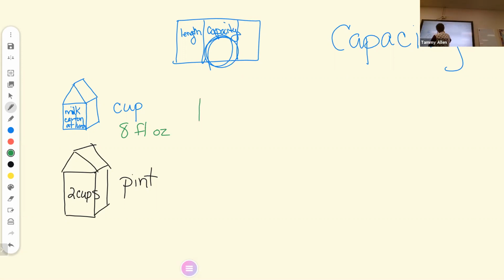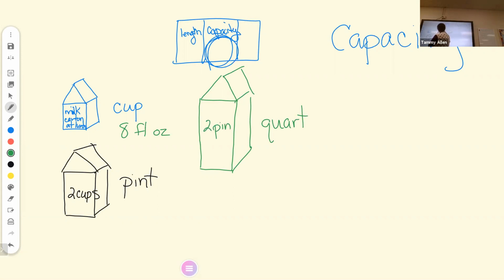And then we get the next one. Is the quart. Okay. And it is 2 pints. Okay. Some of you might think of the quart as quart jars. You know, the canning jars.